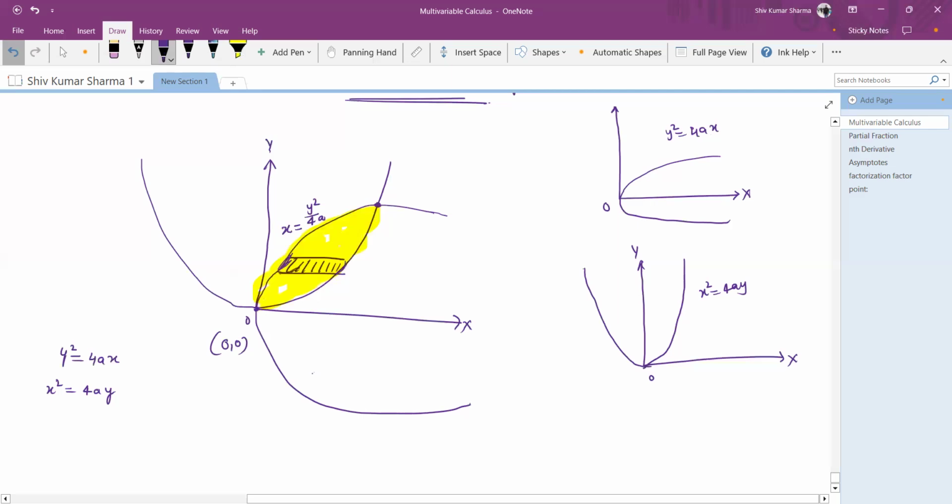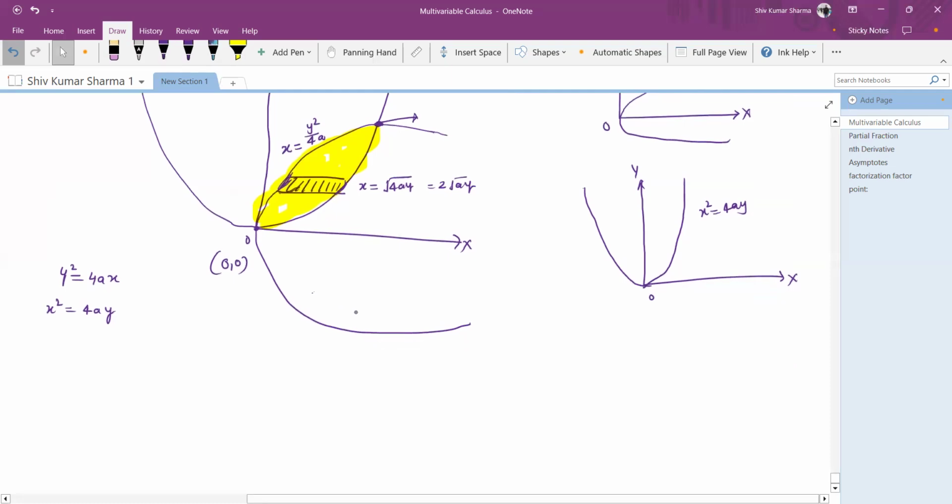And this parabola is x square equal to 4ay, so x equal to root 4ay, which gives us 2 root ay. Now we obtain the intersection point. For calculating the value of y, you can take a strip parallel to the x-axis or the y-axis, there is no issue. Because we solved many questions parallel to the y-axis, we solve this question parallel to the x-axis.